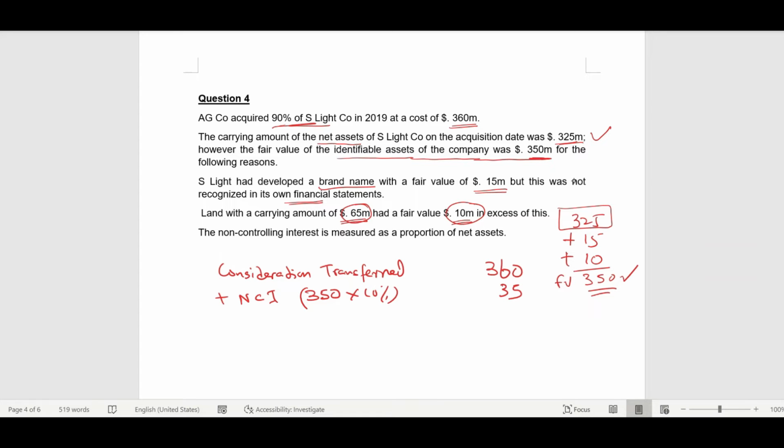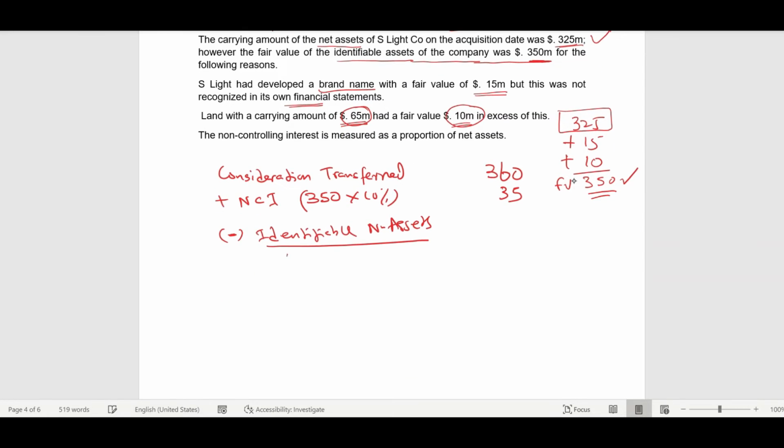Then you need to deduct the identifiable net assets. This is the fair value of the identifiable net assets. So we had a carrying value of 325, which was increased by the brand name.